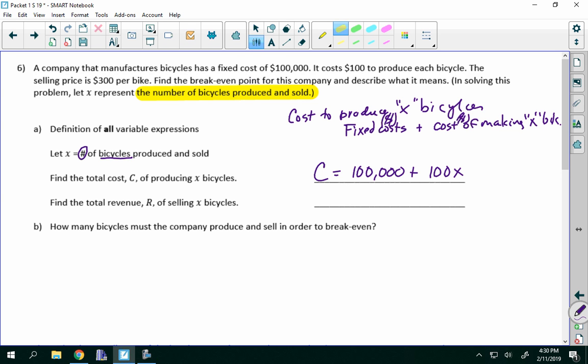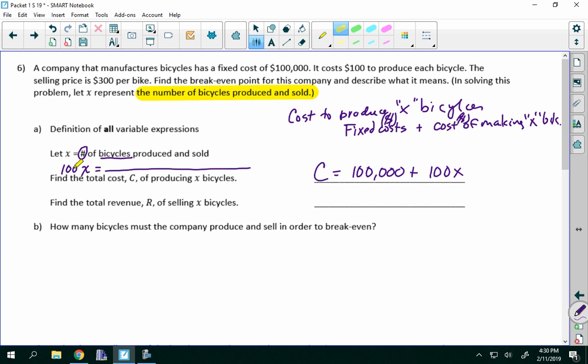That's your cost. Even though we didn't ask you to do this, I want to show you what happens if I write 100X and ask what it equals. Students often confuse what this expression means. On a lot of papers, students write "cost per bike." And I say to them, isn't the cost per bike $100? They say yes. So this isn't just $100 here.